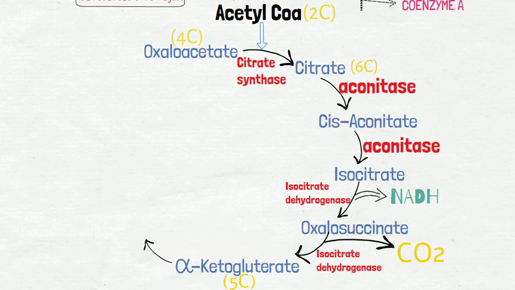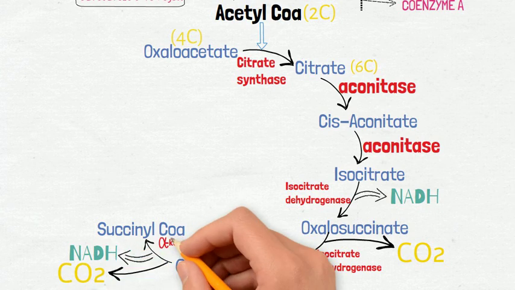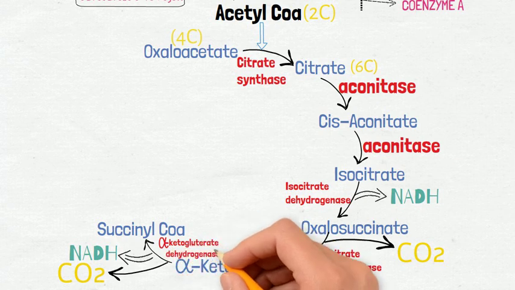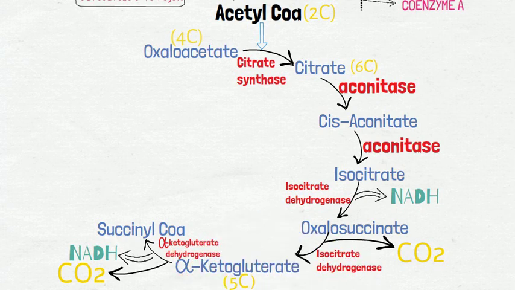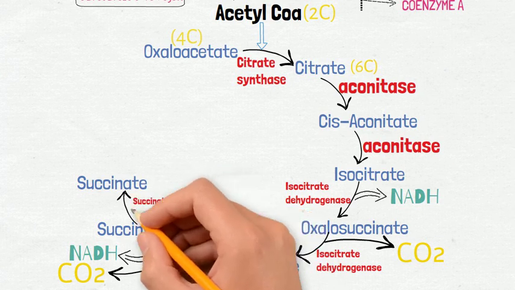Alpha-ketoglutarate is converted to succinyl-CoA through oxidative decarboxylation. In this reaction, again energy is released in the form of NADH along with CO2, and it is catalyzed by alpha-ketoglutarate dehydrogenase.